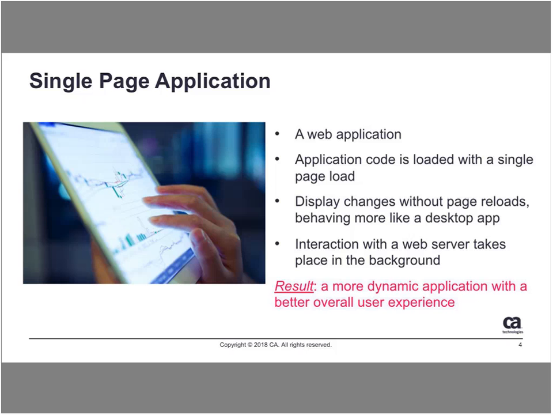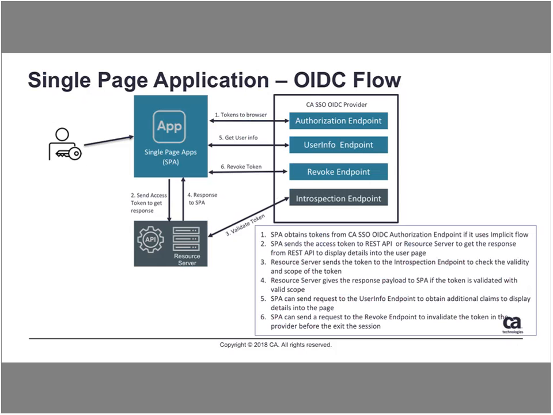So we're going to switch gears here from the concept of the single-page app to more of the detail around how OpenID Connect works in conjunction with single-page apps, and how some characteristics and capabilities within CA SSO provide enhanced ability to manage that access. With that, I'll turn it over to Ravi, who will talk in a little more detail before he swings it back to me. And Ravi, when you need the screen advanced, just let me know.